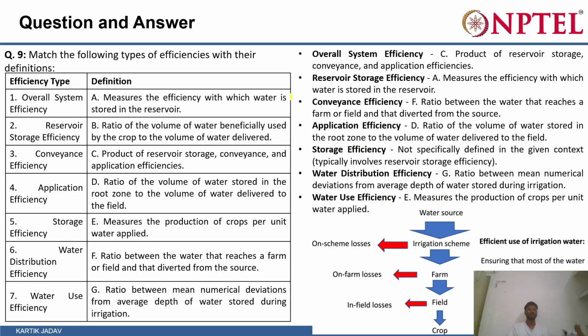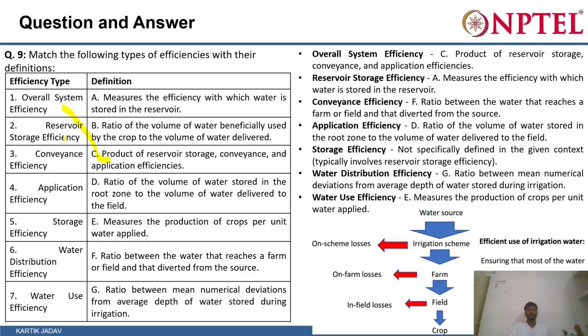Now, a question on overall irrigation efficiency. In this, generally we need to match with the correct one. We know that overall system efficiency is the product of reservoir storage, conveyance, and application efficiency.